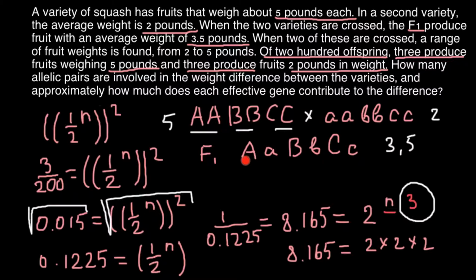So capital A and small a wouldn't give the same phenotype as capital A, capital A. For example, if each allele would add something to the total picture, capital A and small a would be different than capital A, capital A. This is not simple Mendelian genetics, this is an additive trait.